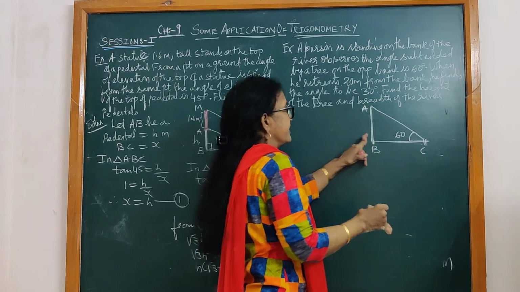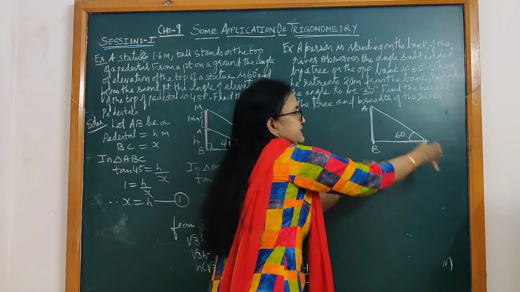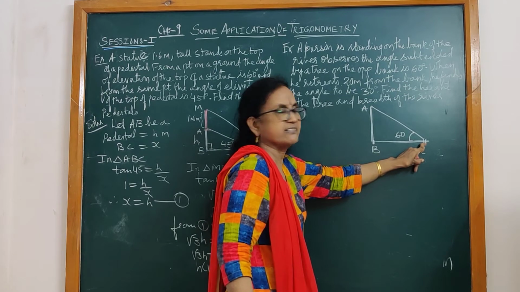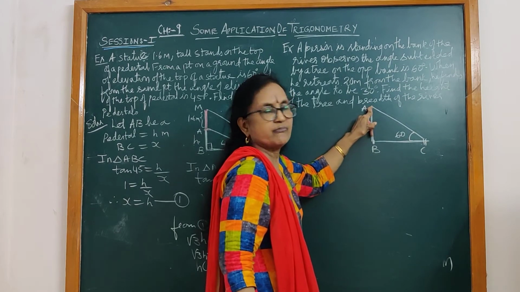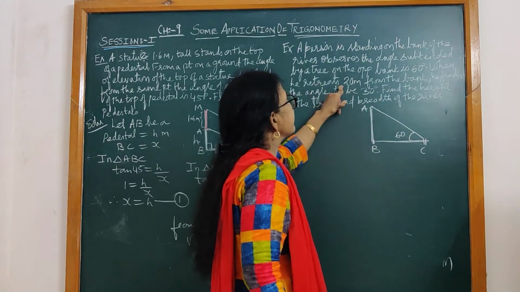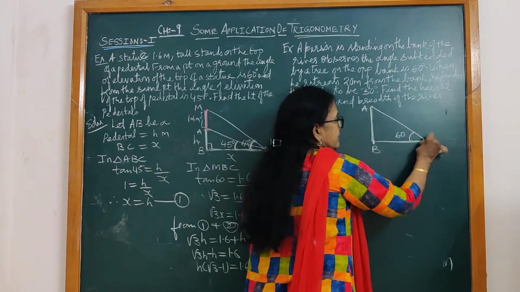AB is the tree. BC is the width of the river which is flowing. C is the point the person is standing and looking at the top of the tree, making an angle of 60 degrees.